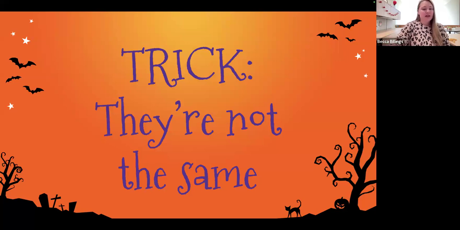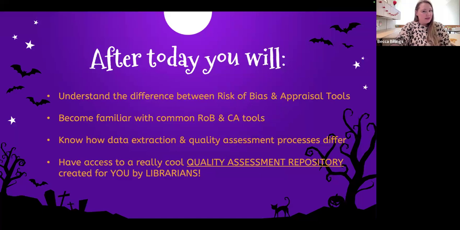and they will give you a better overview than what we could as far as the specific types of bias that are involved. So as far as the agenda today goes, we are going to have a short webinar, I think 30 minutes or less with questions, so you can enjoy your breaks. But understanding the difference between what risk of bias is, what critical appraisal tools are, as well as becoming familiar with several of the ROB and critical appraisal tools that are out there. And then we'll talk very briefly, one slide or two each, on how the data extraction process is different from the quality assessment process.